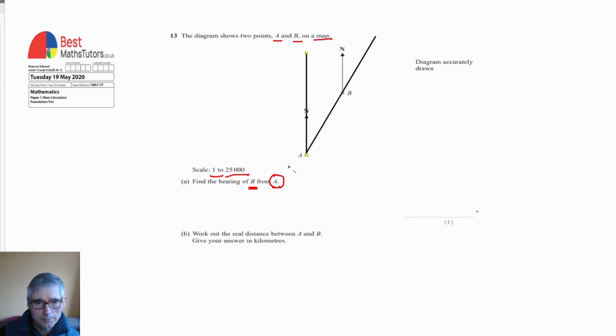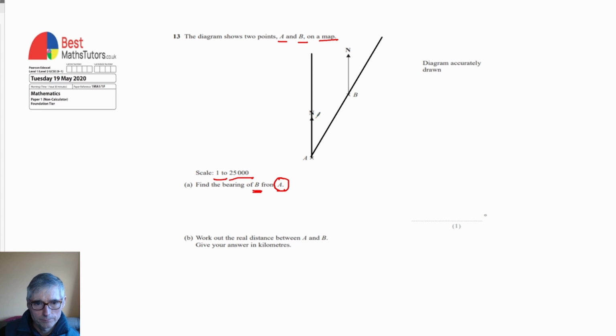For a bearing, what that means is I would be originally stood at my start point, which is A, and facing north. Then I would be turning clockwise until I face my target, which is point B here. So I'm interested in this angle. Notice I've turned in a clockwise direction.